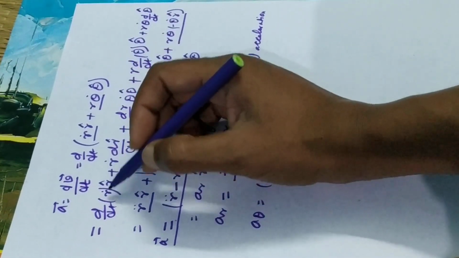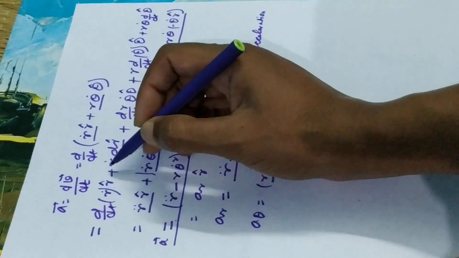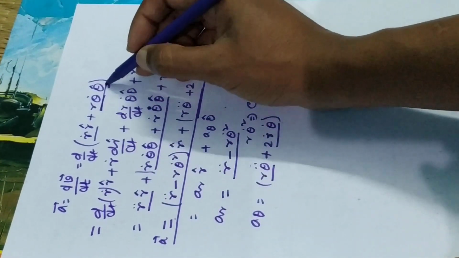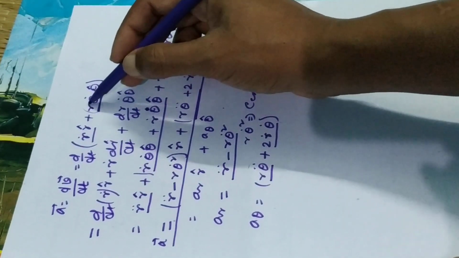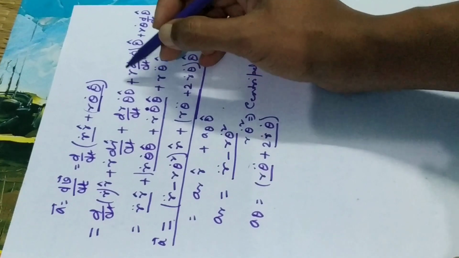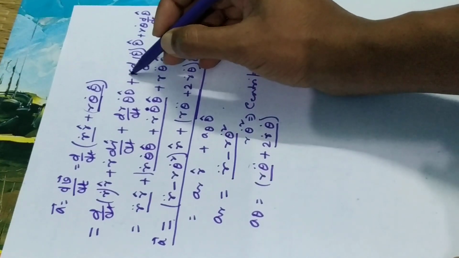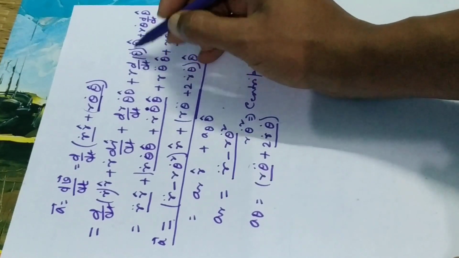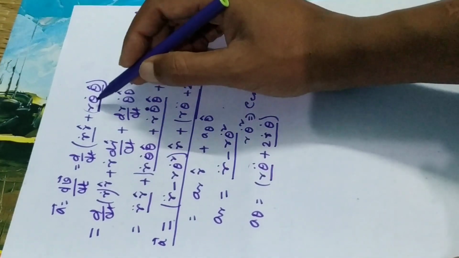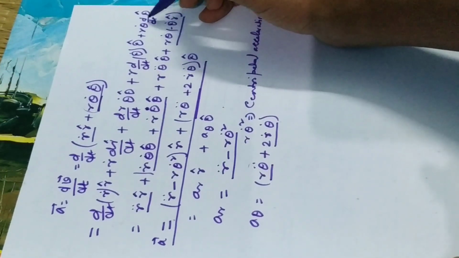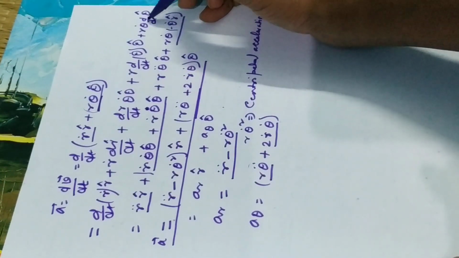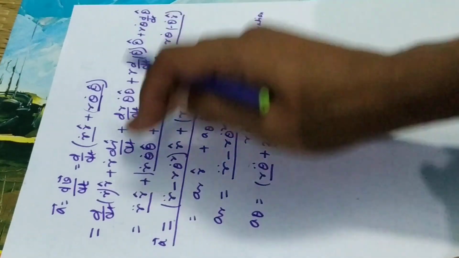So the expression is d/dt of r-dot r-cap, giving r-dot (dr-cap/dt), plus for the second term, first differentiate r with respect to time, giving (dr/dt) theta-dot theta-cap, plus the second time when r and theta-cap are constant, differentiating theta-dot, plus r theta-dot with theta-cap differentiated with respect to time.